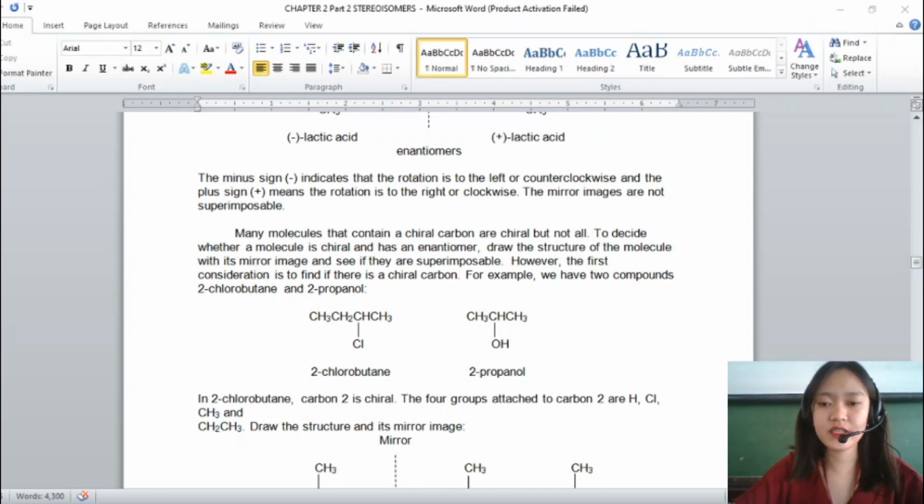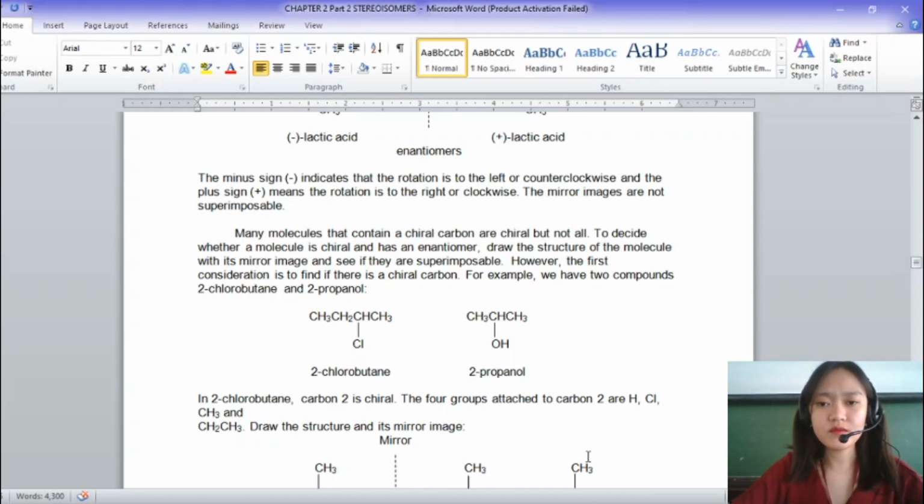Okay, so the first step is to draw the mirror image. If you have a sample molecule, to find out whether the molecule is chiral or not, the first step is to draw its mirror image.